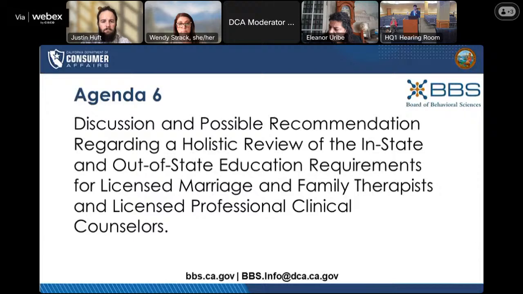Looking at a couple of the pieces in the proposed plan, like looking at educational programs, aligning course timings for the various licensures before associate registration, and allowing out-of-state applicants to fulfill certain requirements through CE courses are definitely welcome considerations that ensure consumer protection and are appropriate training for our providers. So all that being said, we're looking forward to seeing the results and what else comes out of this holistic review. Thank you.